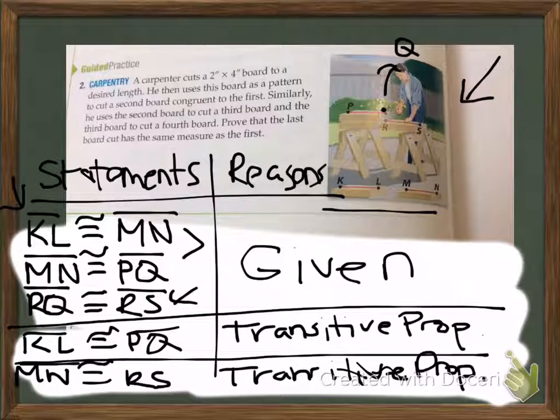Now, if we look at our statements, we're trying to prove that KL is congruent to RS. So what we need to do here is think about how we can get KL now congruent to RS. We're going to go to the next page.